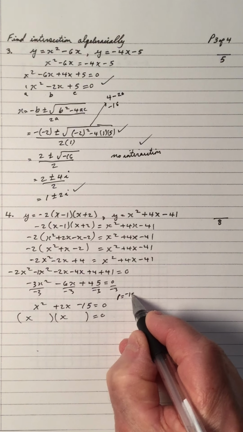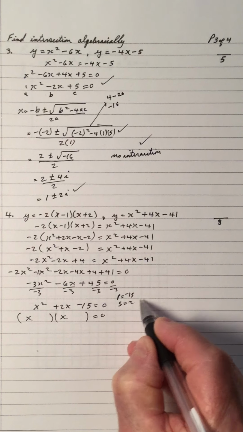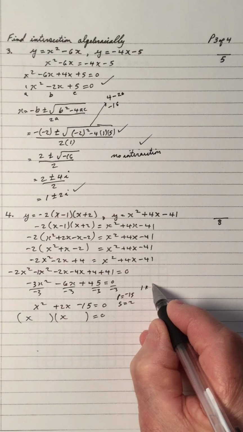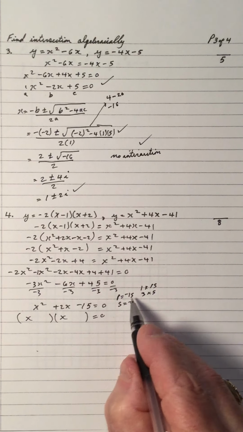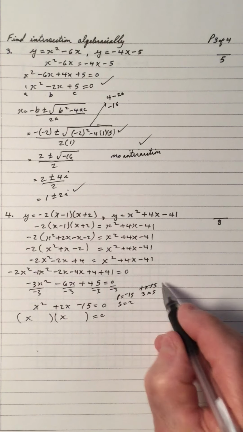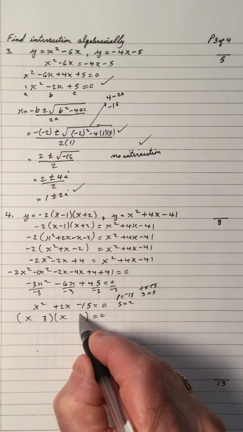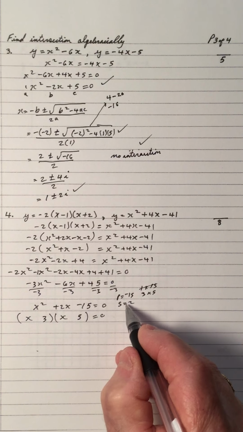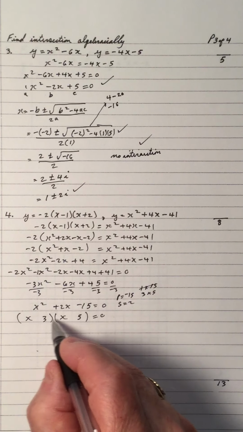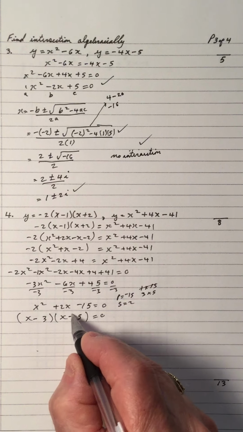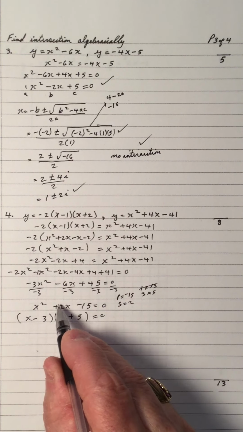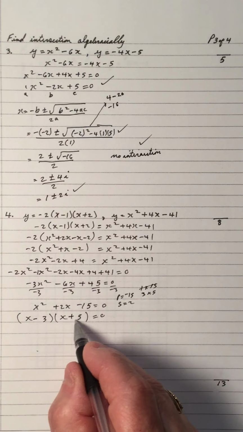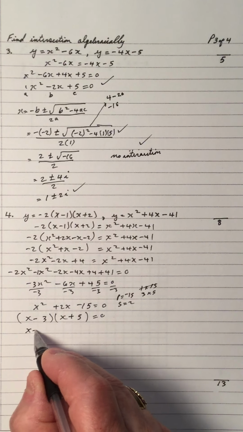The sum is 2. 15 is 1 times 15 or 3 times 5. Factors of 15 to give me a 2, it's got to be 3 and 5. The product is negative and the sum is positive, so I have to have a -3 plus 5. Because the sum is positive, the larger number is going to be positive.